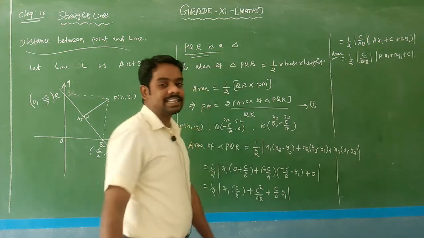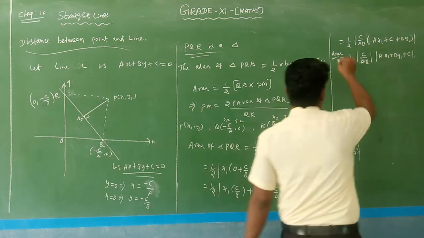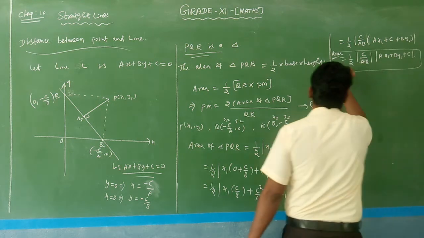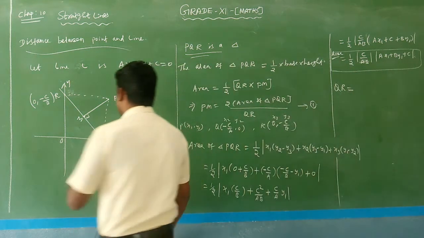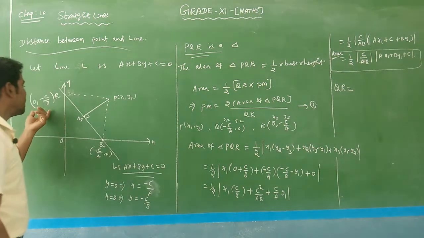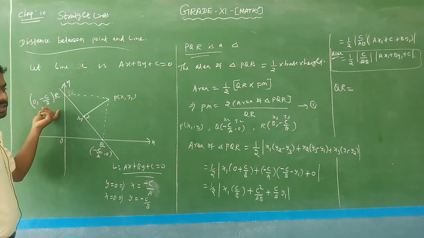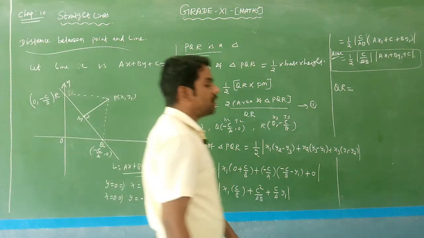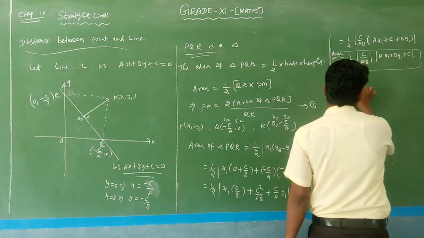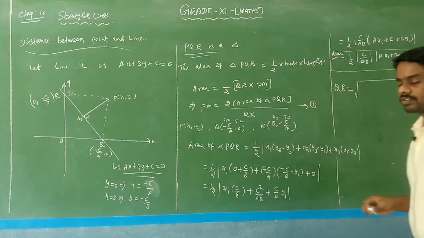So find the distance QR. Right. Another piece of information: Q is (minus c by a, 0) and R is (0, minus c by b). So the distance between Q and R. The formula is root of (x2 minus x1) the whole square plus (y2 minus y1) the whole square.